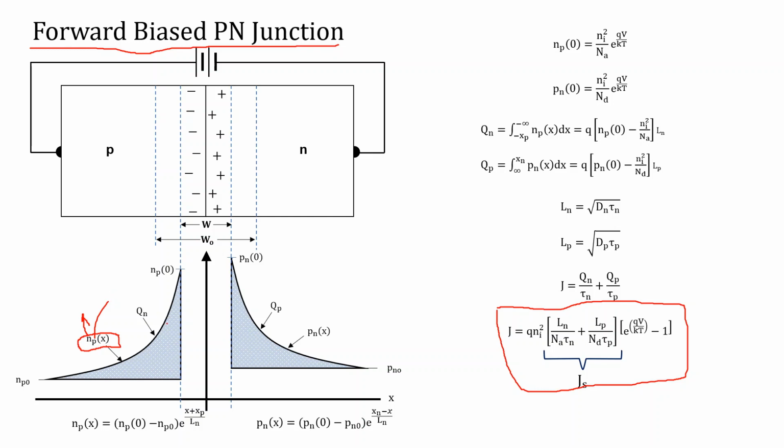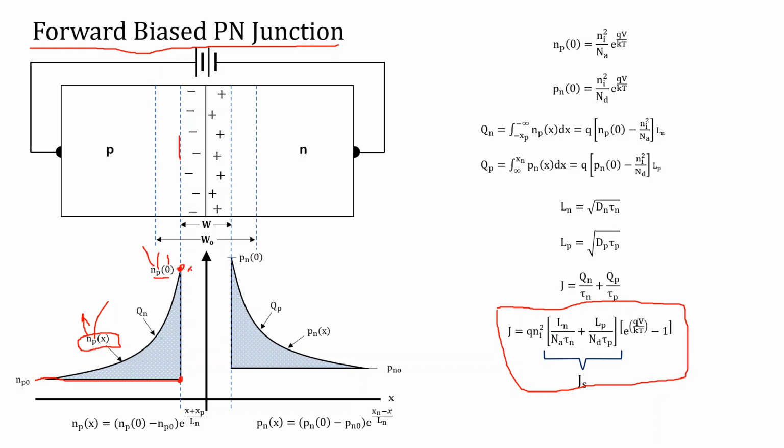So NPX can be written as NP naught minus NP naught. So this is NP0 actually. NP0 is electron density in the p side at zero distance from the depletion layer. So this is the electron density here. So this value minus this value, the electrons on p side at thermal equilibrium.